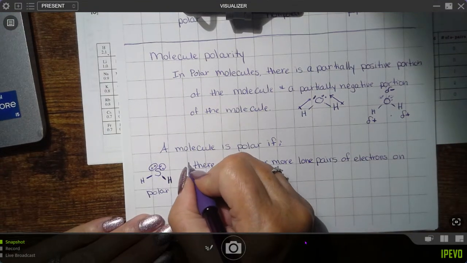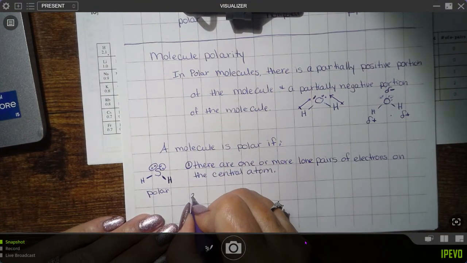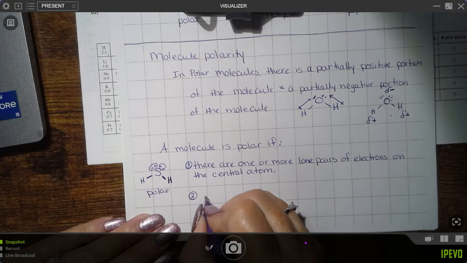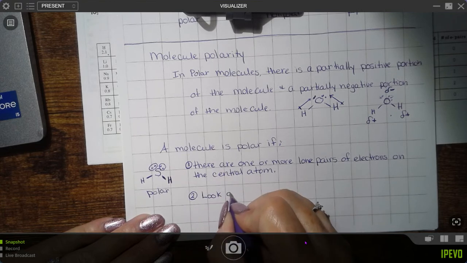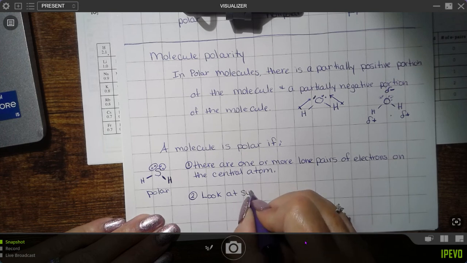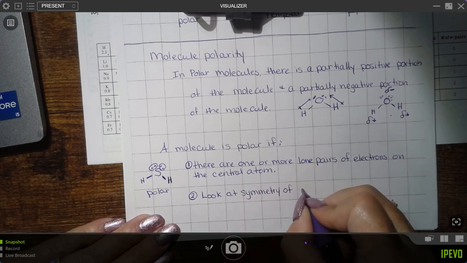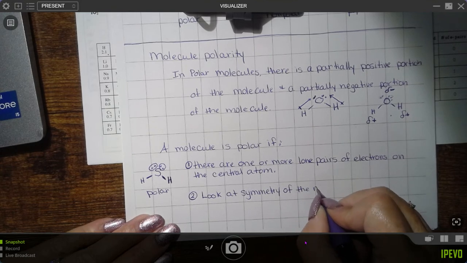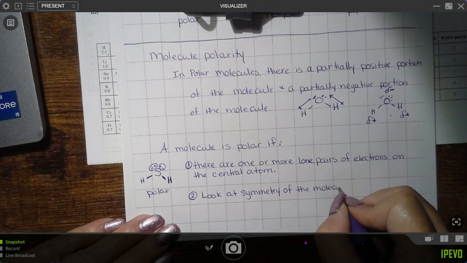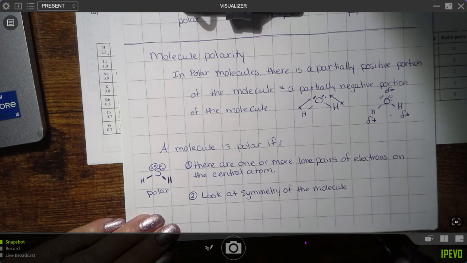Now I said there were two ways to determine. So this was the first way. The second way is to look at the symmetry of the molecule. The way that we want to think about symmetry, we're going to look at all of the atoms attached to the central atom.